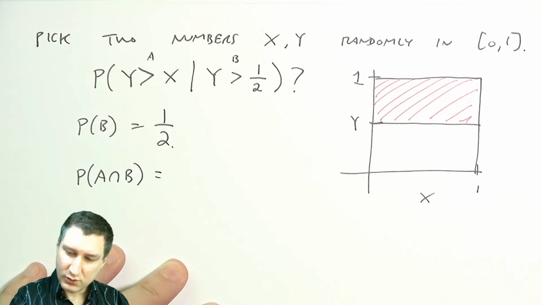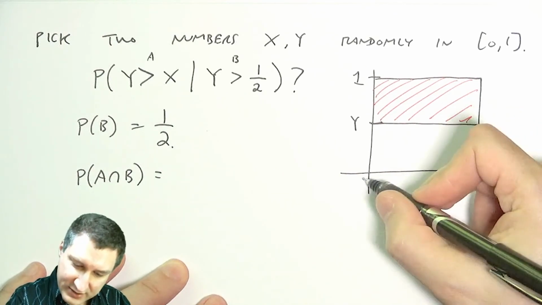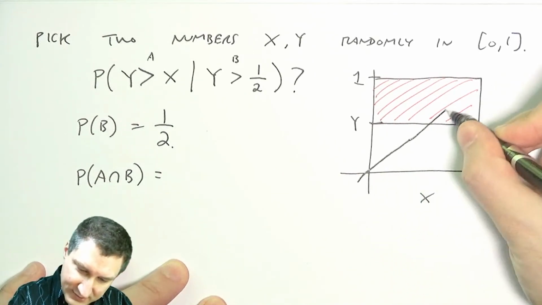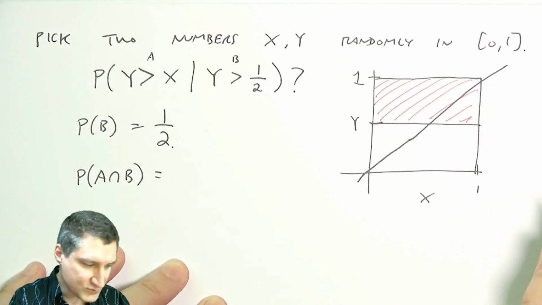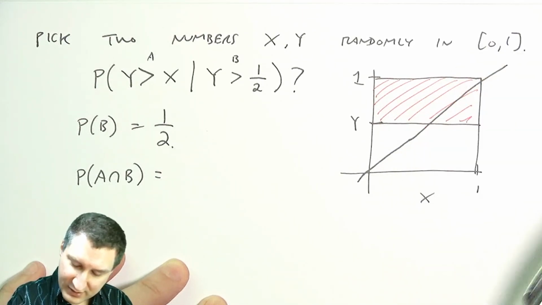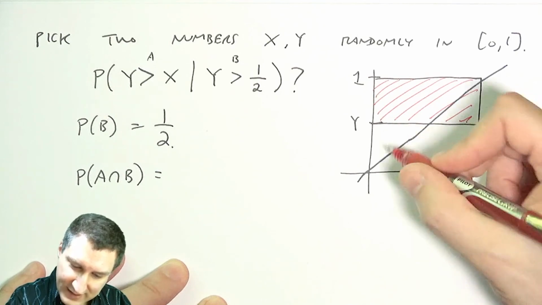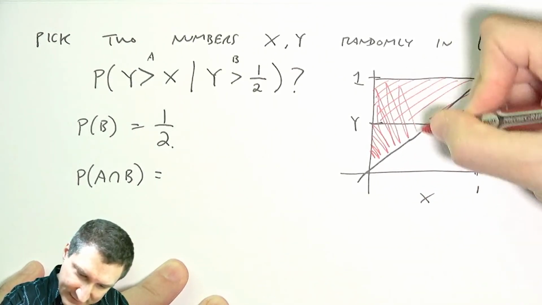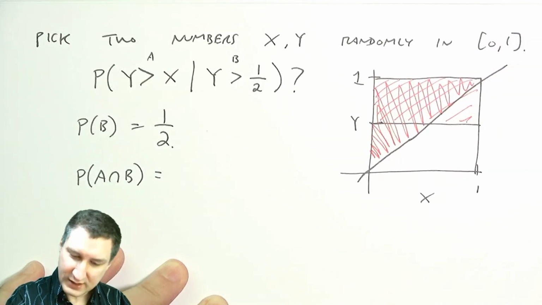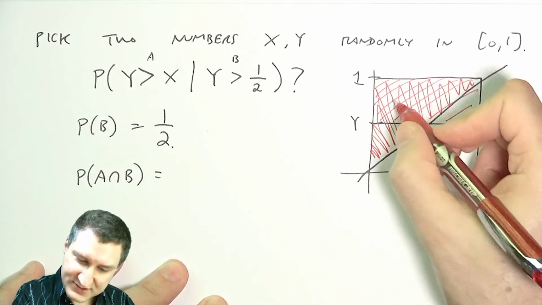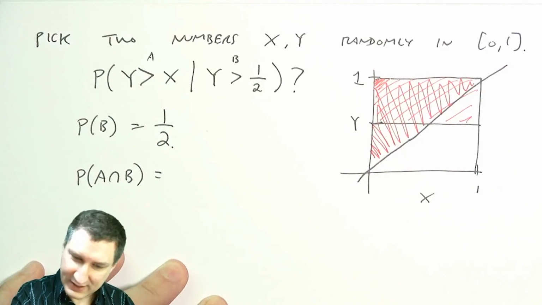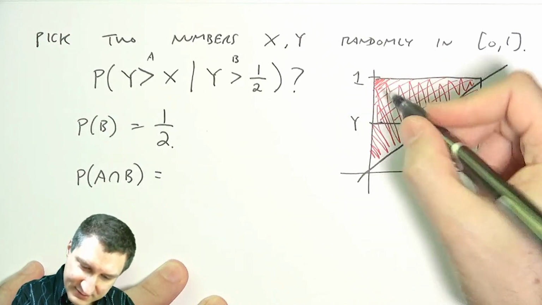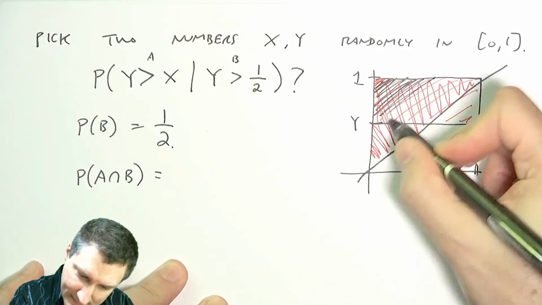So now I have to say, where is the event y is greater than x? So here's the line x equals y. For the probability of this intersection, I have to look at where both of these things occur. So really, I'm looking at this intersection event here.